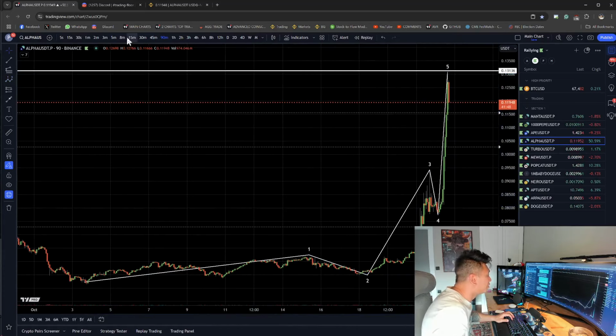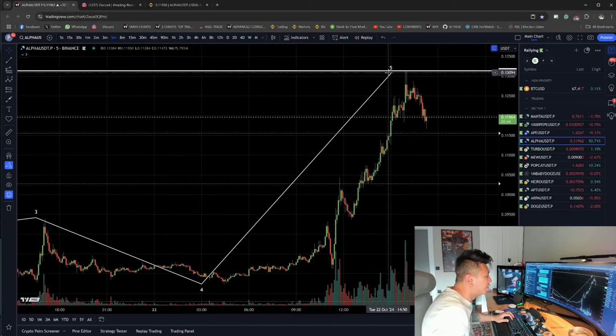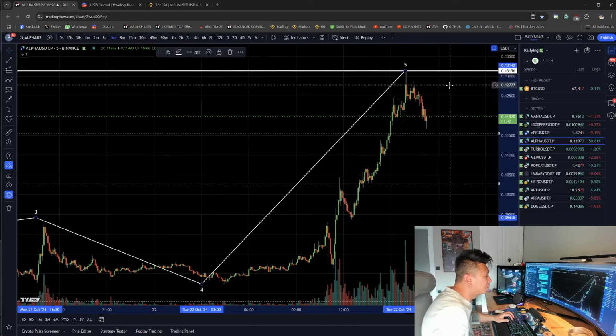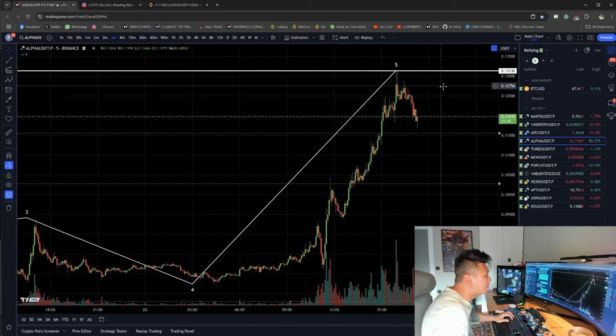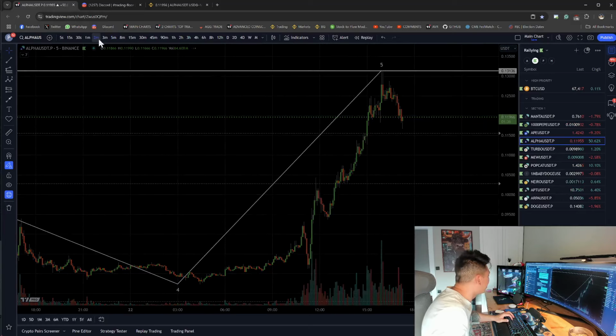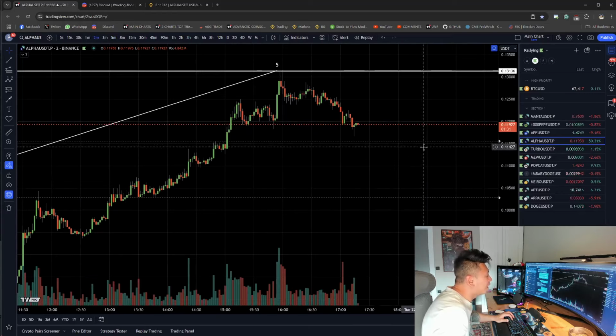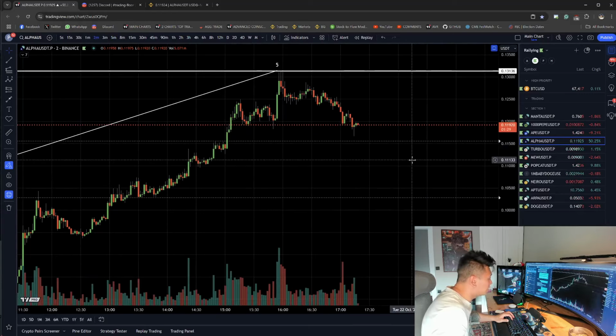So that looks beautiful. So now we're trying to see if this is actually like a top where everything has now completely reached the top, and we're going to drop further, or if there's going to be one more wave. But I think that we're now done entirely, and there's probably going to be a huge drop to the downside.